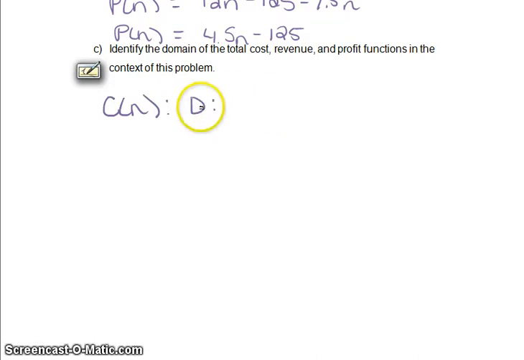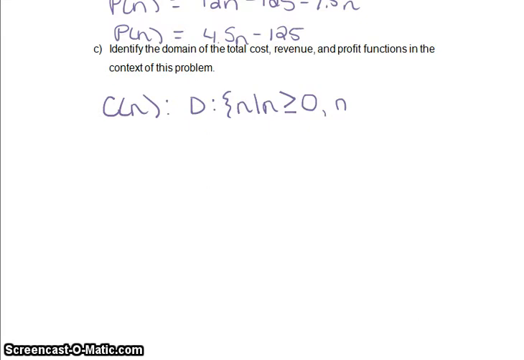To write the domain, we have D: curly bracket N such that N, and there we had the restriction that we can't have a negative number, so it must be greater than or equal to 0. We can say that N is an element of all real numbers, or you also could say that it must be whole numbers.